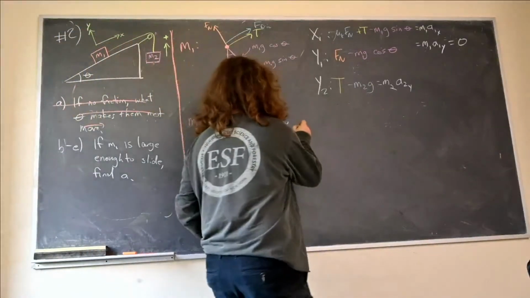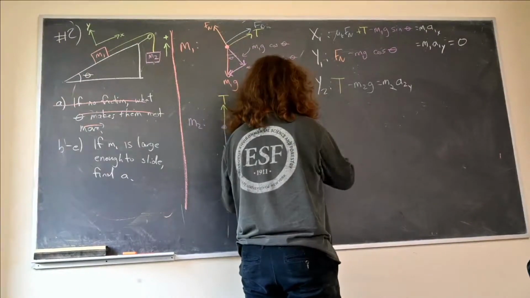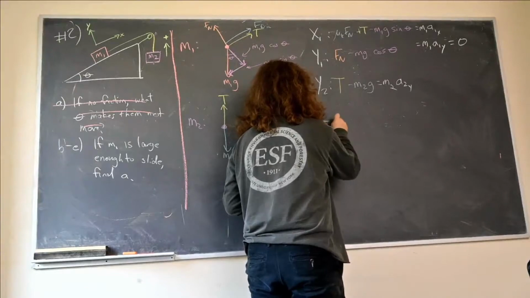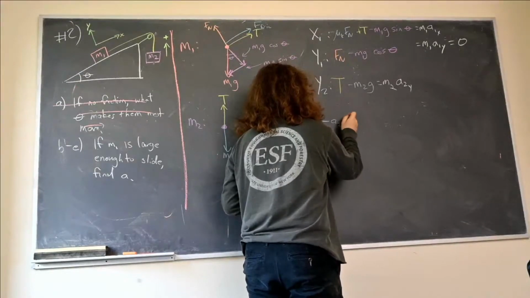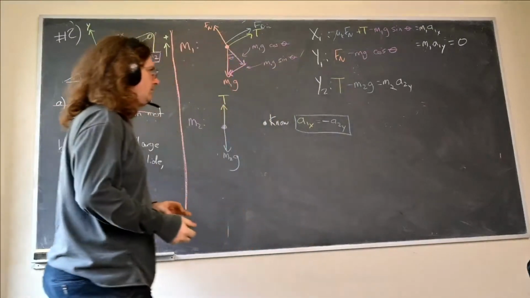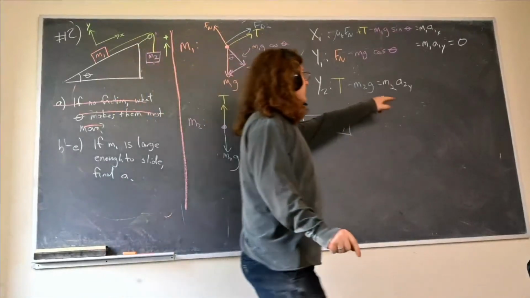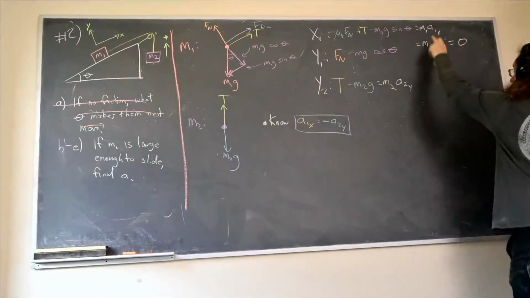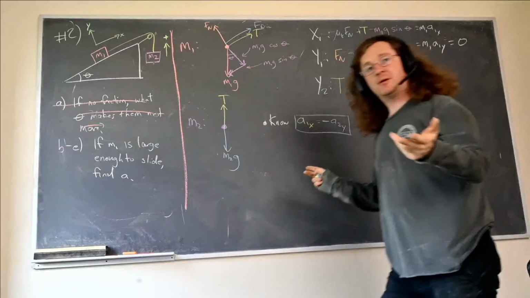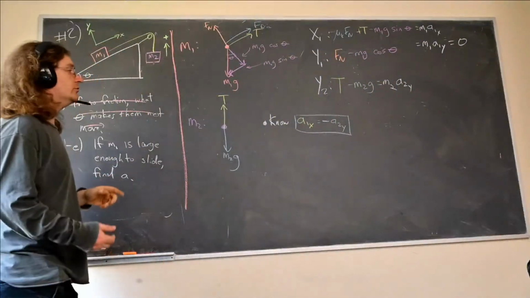So I know, and this is important, that a1x equals minus a2y. The biggest mistake people will make here is to just put one a variable for both of these without stopping to think that if this one moves in the positive direction, that one will move in the negative direction.